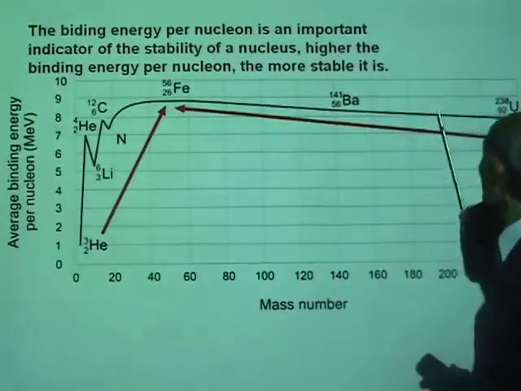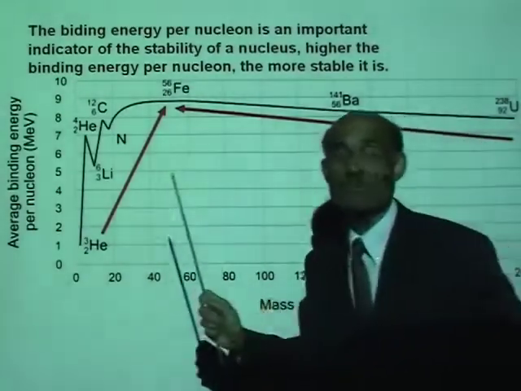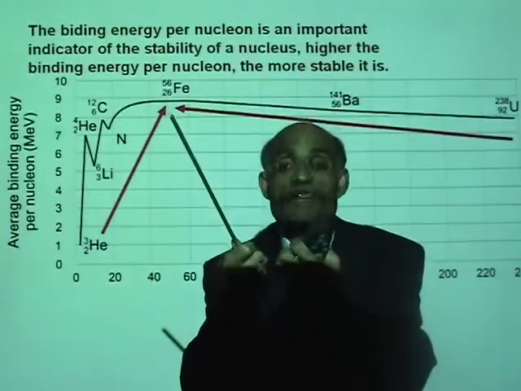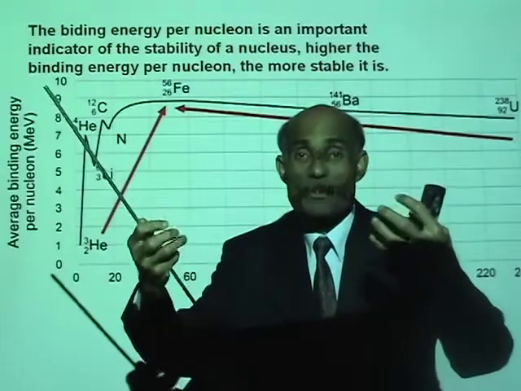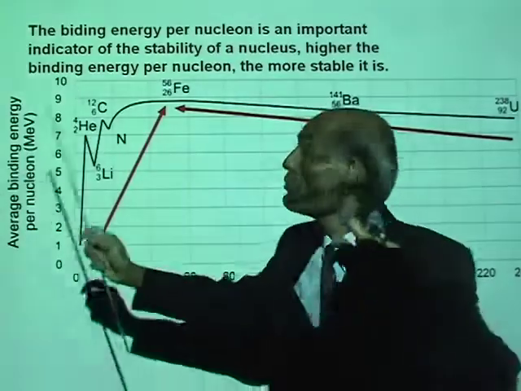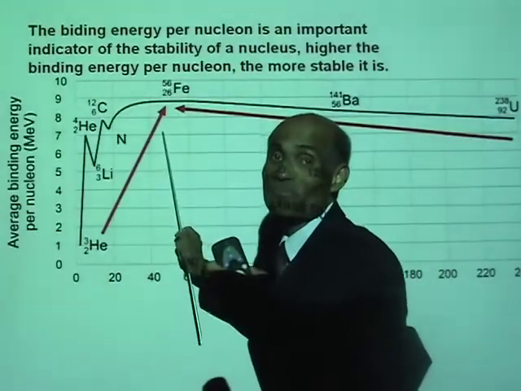So look at uranium over here. The nuclei of uranium are very unstable, and sometimes they can split into pieces, so that each piece will have a binding energy somewhere in this region.